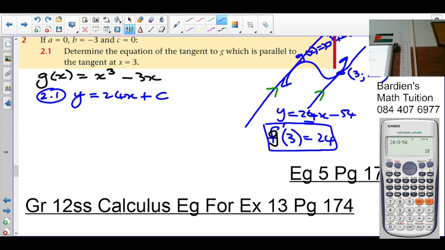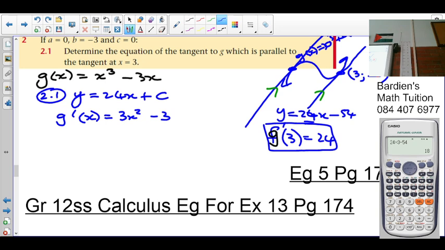So to calculate the value of c, I need to know the x value at which the tangent will cut the cubic function. Importantly here, we have the gradient, so we know that g prime of x equals 3x squared minus 3. This is the general gradient anywhere along the curve.